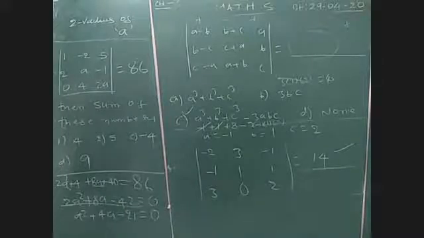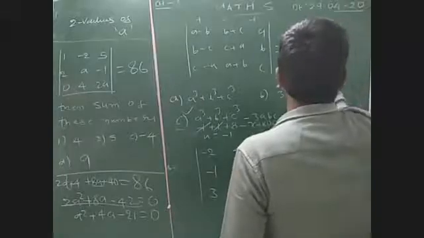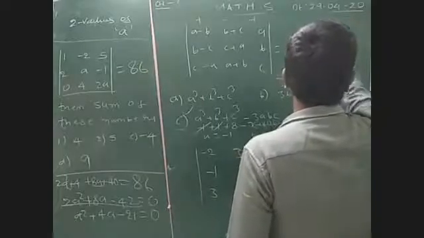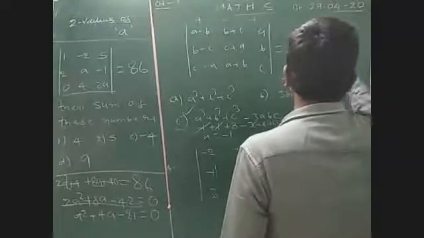Yes or no? What are the factors of minus 21? The factors are 7 and 3, so 7 into minus 3. What are the A values? One is minus 7, the other is plus 3.